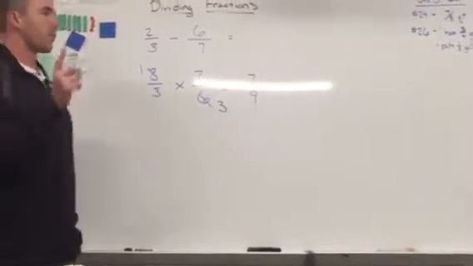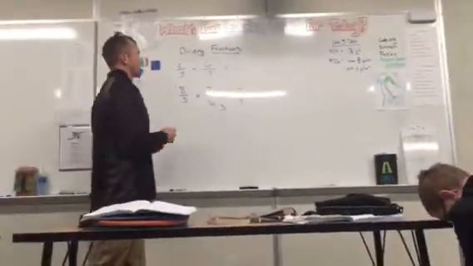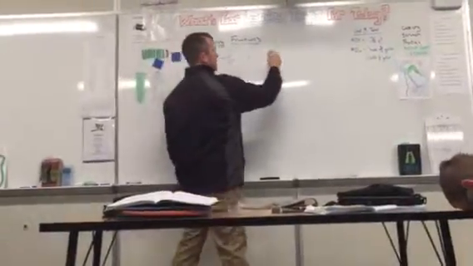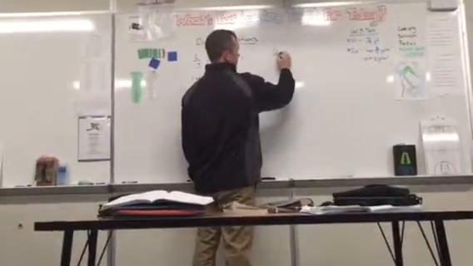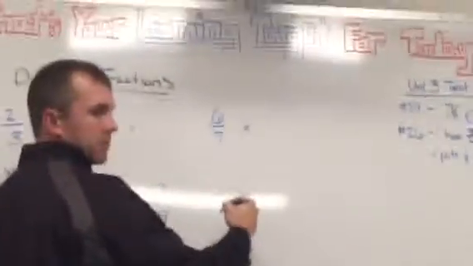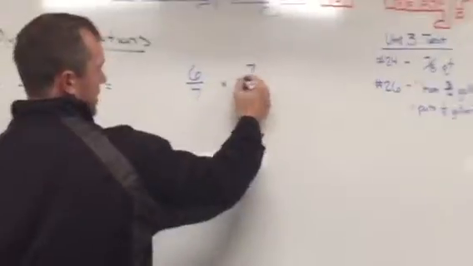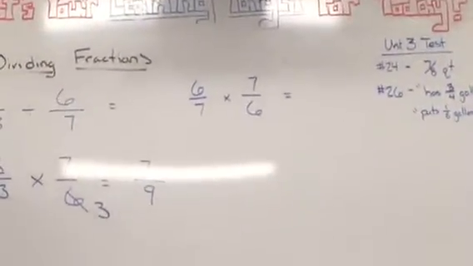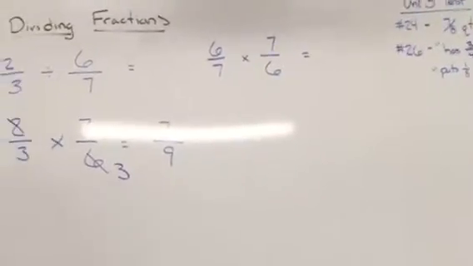Okay? Now, real quick, let's look at what a reciprocal is. We took the reciprocal of 6/7, right? So 6/7 times, and what's the reciprocal? 7/6. Let's see what we get. When you multiply a number by its reciprocal, what do we always get? A whole number.